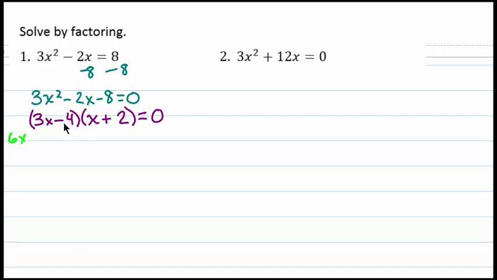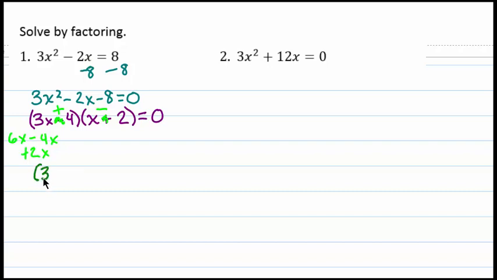And then I have minus 4 times x, so I have minus 4x. So therefore, I have a positive 2x. Is my middle term a positive 2? It's not. Since it's a negative 2, the only thing I have to do is change my signs. So this one needs to be a plus, and this one needs to be a negative.